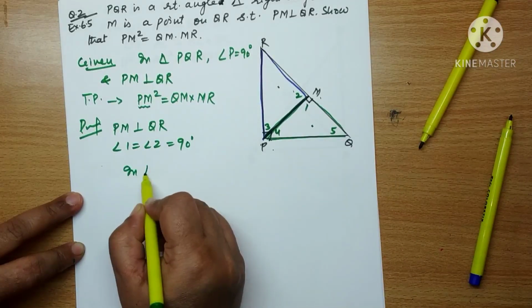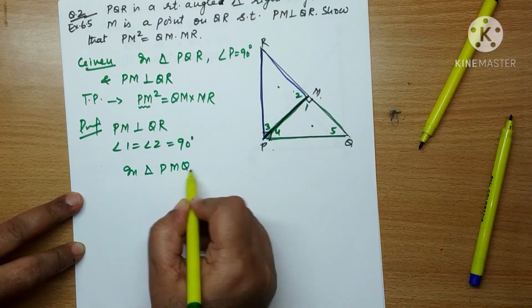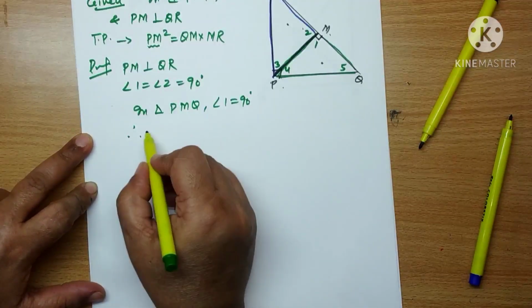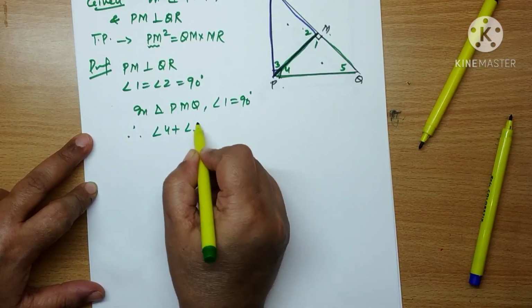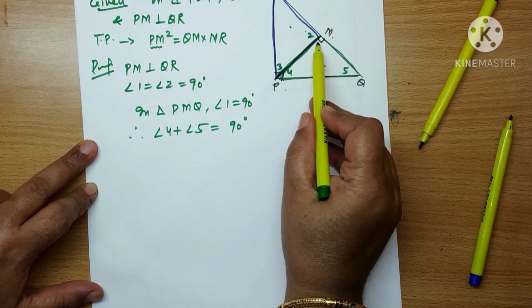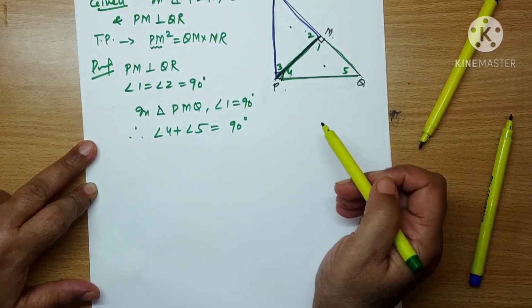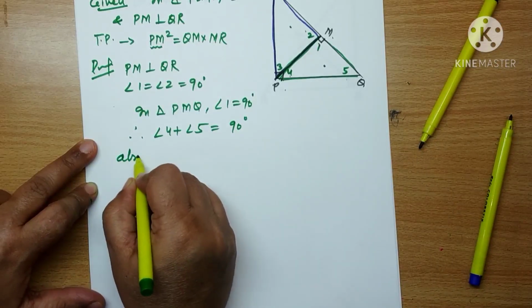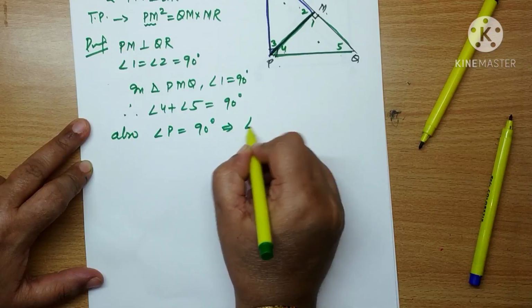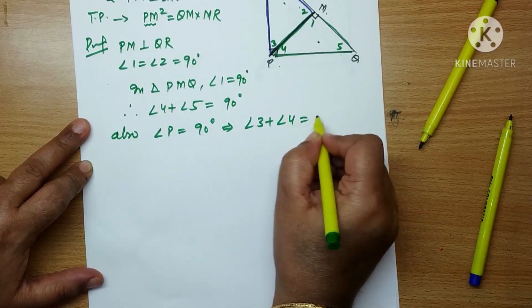See, in triangle PMQ, angle 1 is 90. Therefore, can I say the sum of angle 4 plus 5 is 90? In a triangle, if one angle is 90, the sum of the other two is also 90. Also, angle P is 90, which implies angle 3 plus 4 is 90.